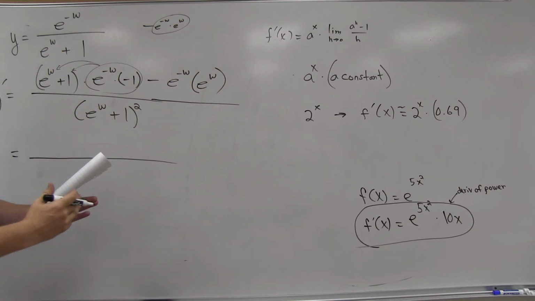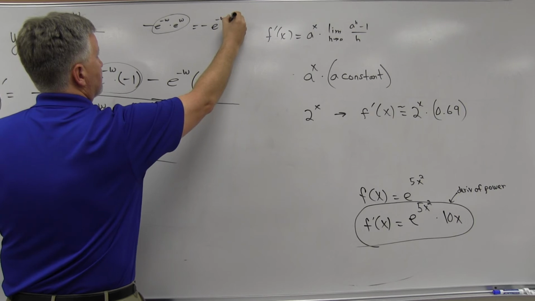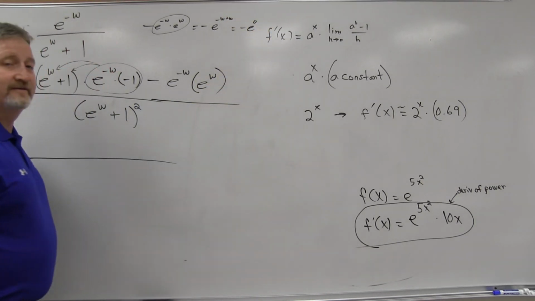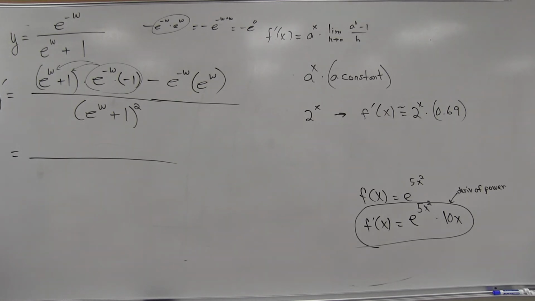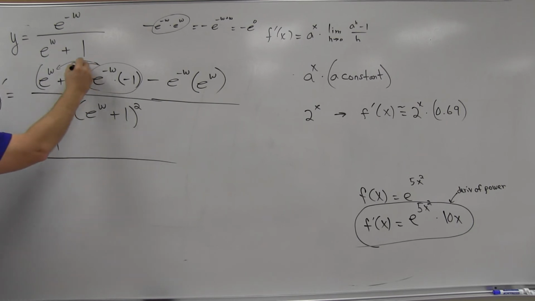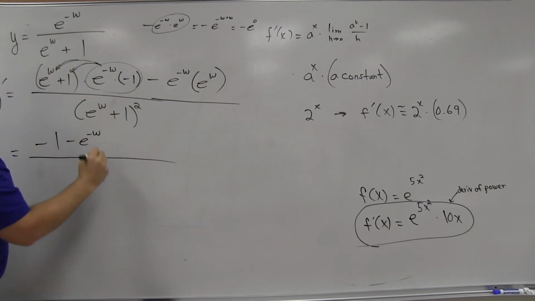That's where you add those exponents. So you wind up with minus e to the 0, which is minus 1. Anything to the 0 power is 1. So that times that is minus 1, and then that times that, of course, is just minus e to the minus w.